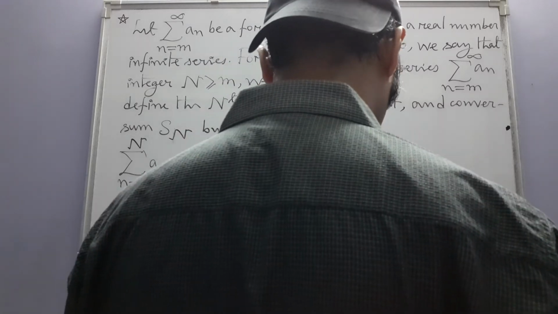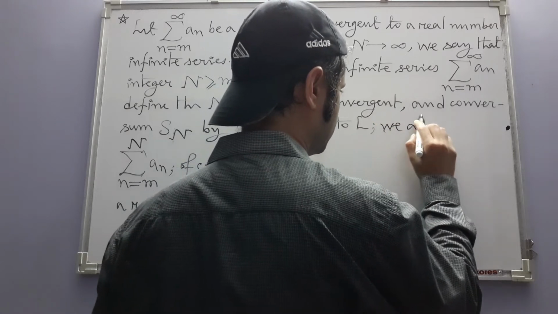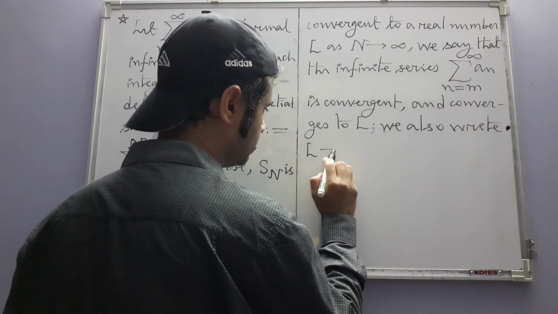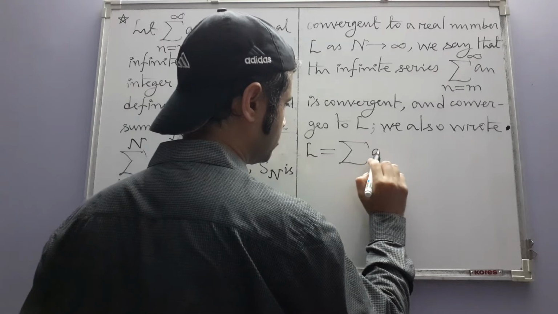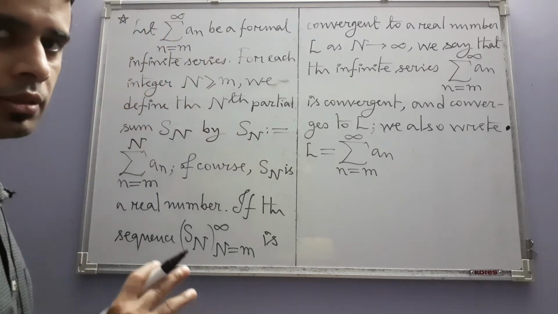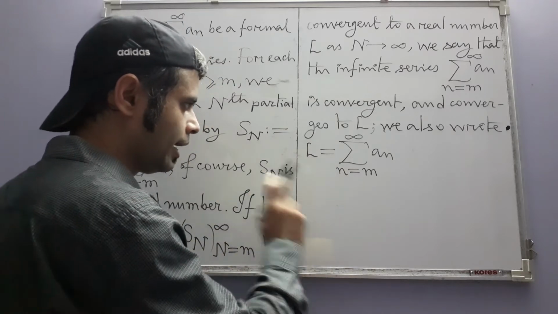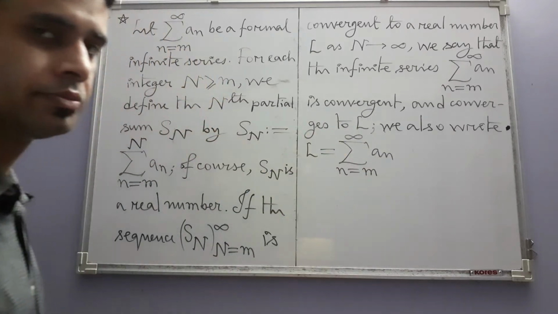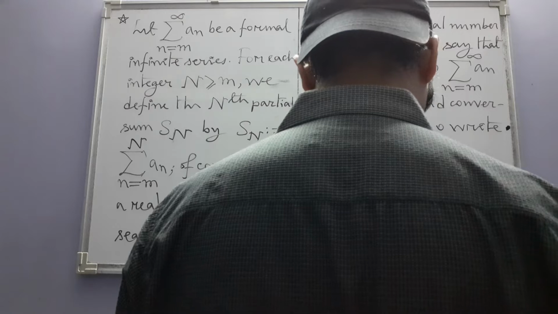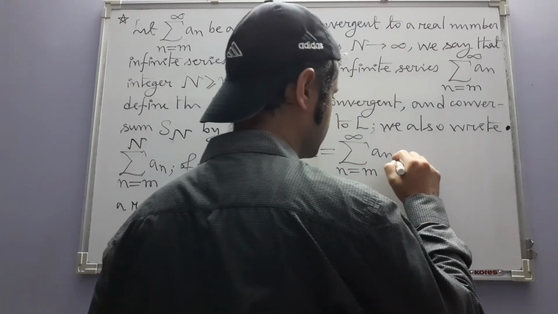And we also express these things like this. We also write L equal to this series, to express this fact that the series is convergent and it converges to L. That fact is expressed by this equation. Okay, this equation just simply means that thing. And what about calling L the sum, and saying that L is the sum of the infinite series? Yes.